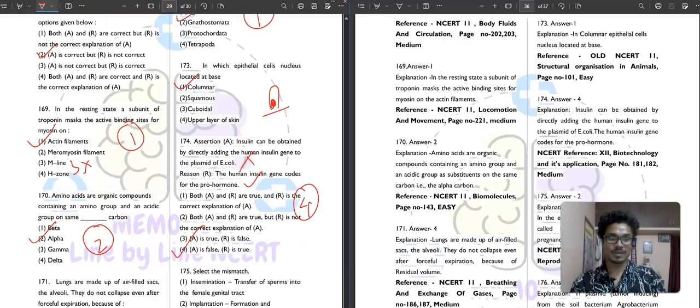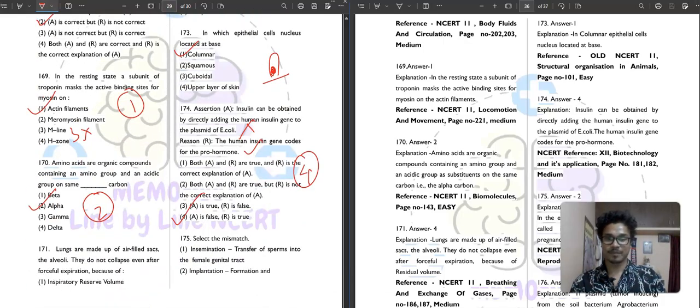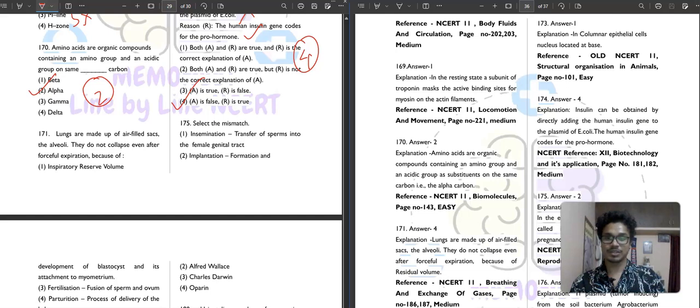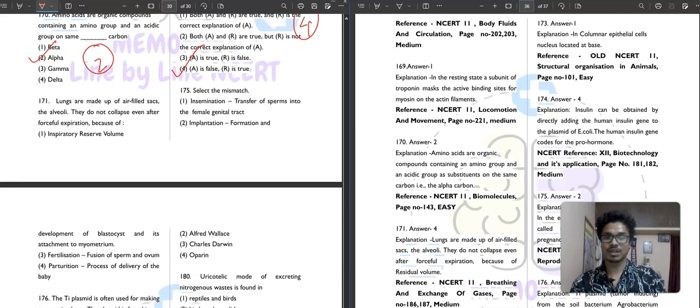Then question number 175. It is saying select the mismatch. First is insemination, transfer of sperms into the female genital tract. Correct. Then implantation, formation and development of blastocyst and its attachment to the myometrium.